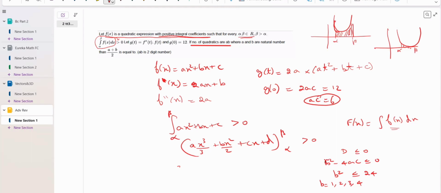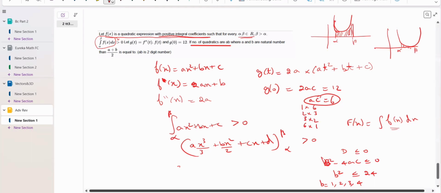We can find the ac value, so since both are positive integers, we can find the factors of 6: 1 and 6, 2 and 3, 3 and 2, and so on. So for each case of b, there are 4 cases of a and c combinations, so 4 into 4, 16 quadratics are there. They said ab is a two-digit number, a and b are natural numbers. So 1 plus 6 by 2, 7 by 2, 3.5 is the answer.